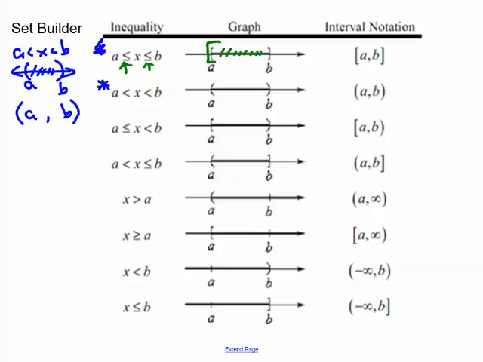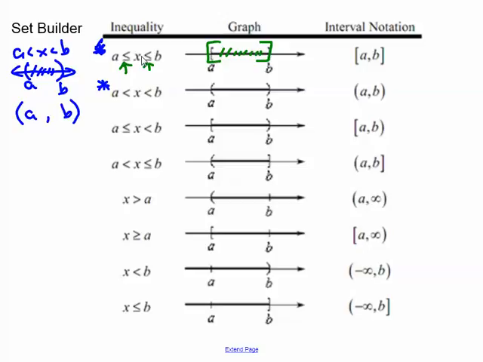It's not a great looking square bracket, so I'll make it a little bit bigger. x is less than or equal to b, so our solution could include b, so we put a square bracket right there. Some people use empty circles and filled in circles. That gets the same idea across, but because we're looking to create an interval notation, we're going to want to use the square brackets and the round brackets.